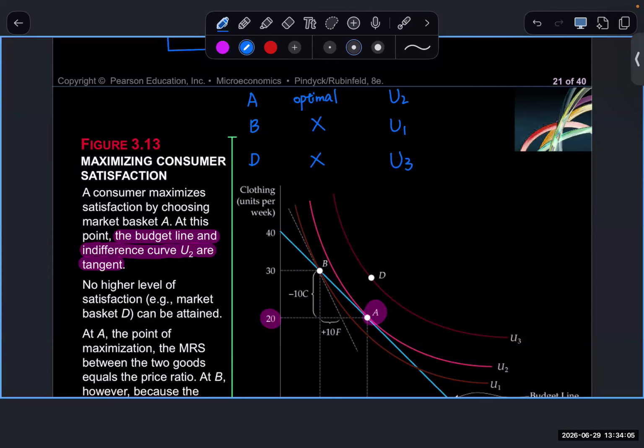So for point A, that means the budget line is tangent to the IC, budget line tangent to the indifference curve. But for point B, it is located at U1, that means lower satisfaction. For point D, it's unaffordable.